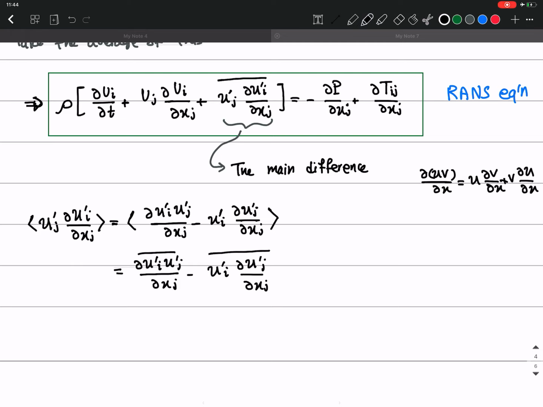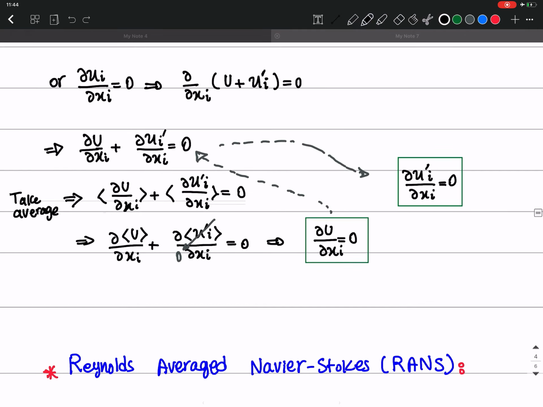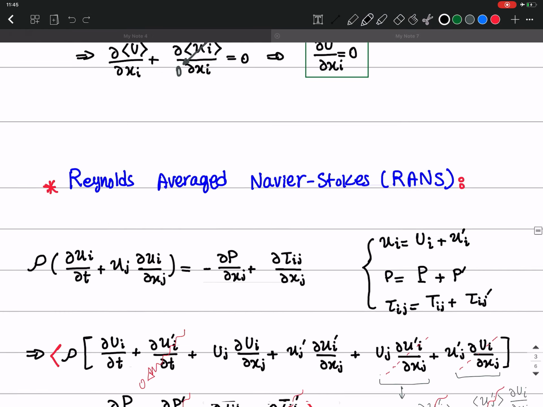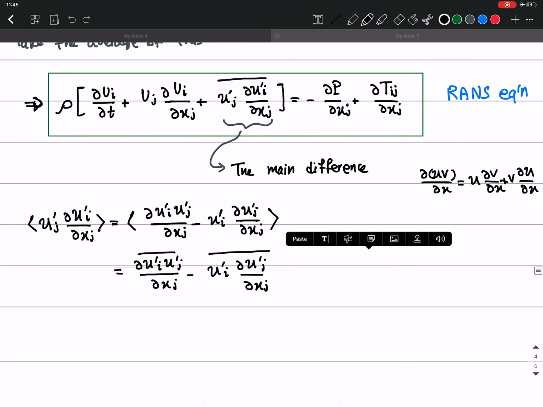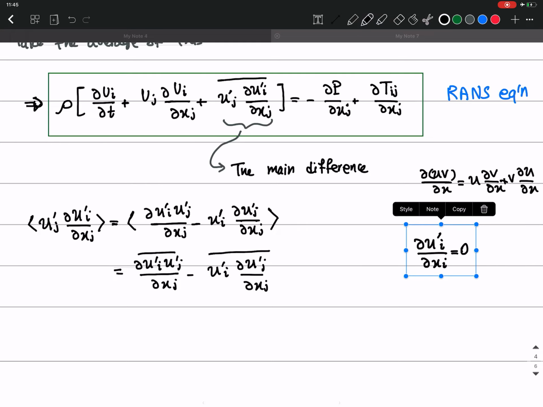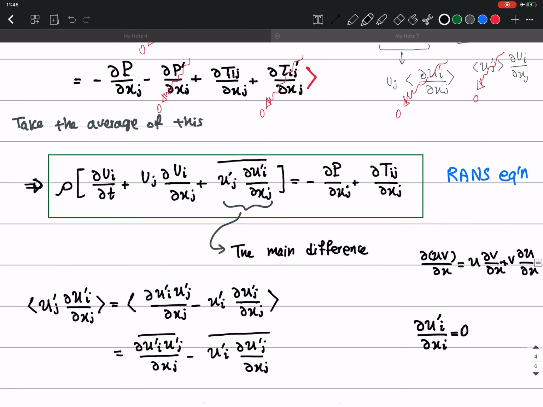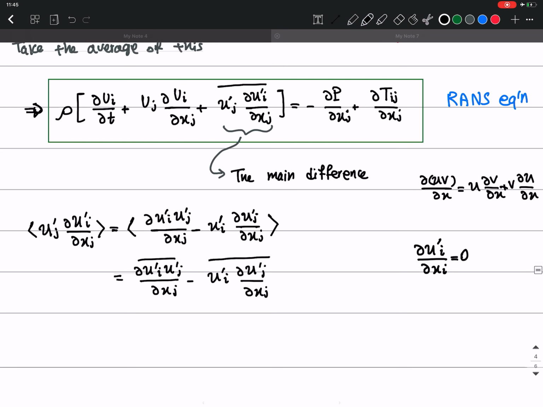Okay, so what is this? Let's look at our continuity equation here. Let me copy it here. This says that inside this average, this is going to be 0. This is the divergence of u prime, and we know that this is going to be 0.